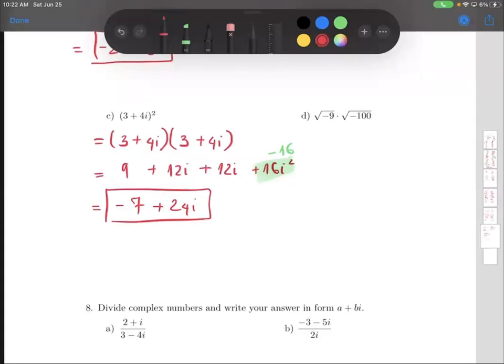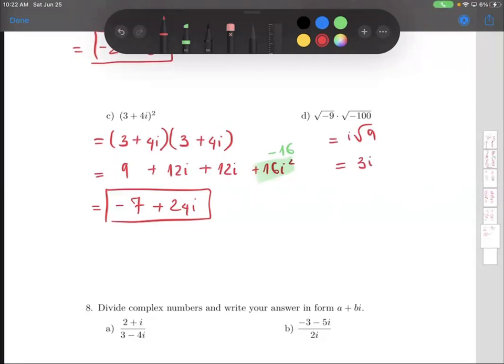D, I would recommend you simplify each of these first. So what is the simplification of the root negative 9? Well, it's going to be i times root 9, right? i times the square root of 9. Well, the square root of 9 is 3, so 3i.